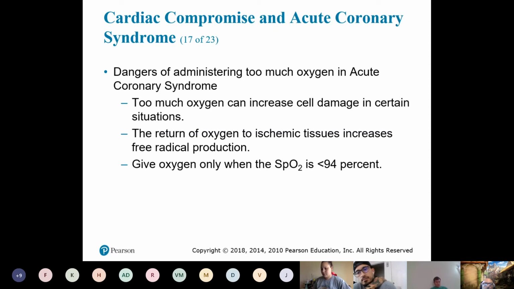The heart. More specific. The cell membrane. The free radicals weaken the cell membrane.